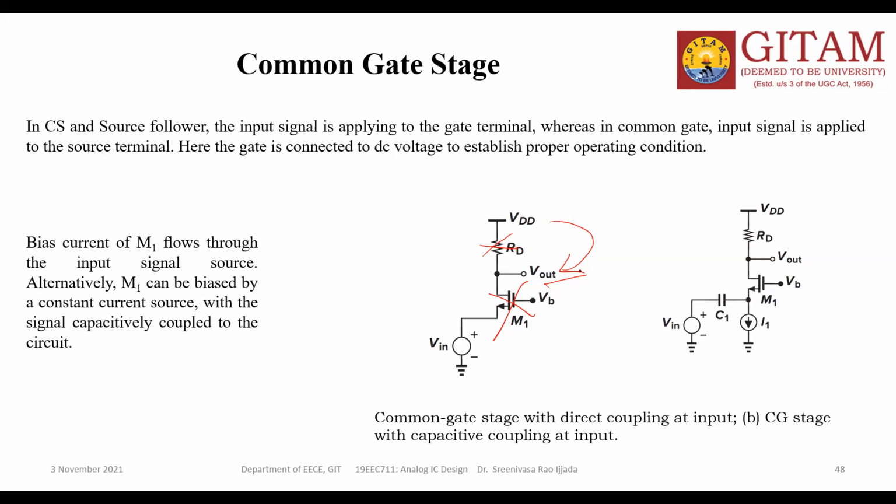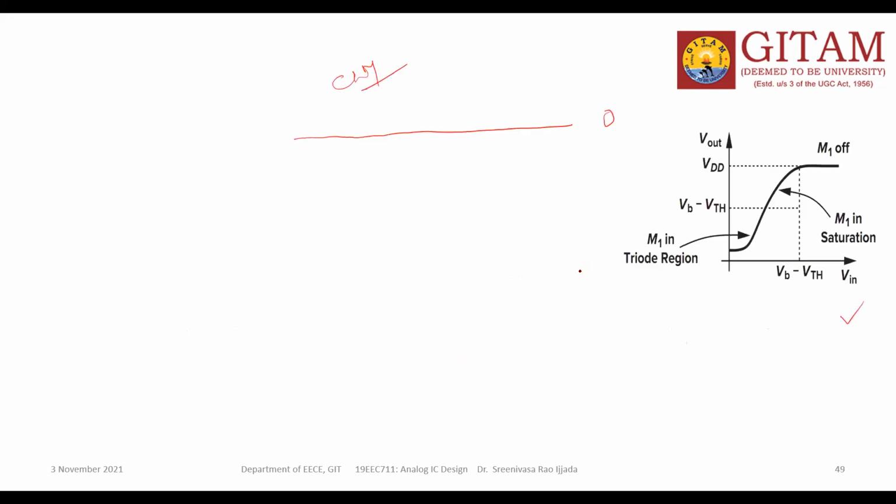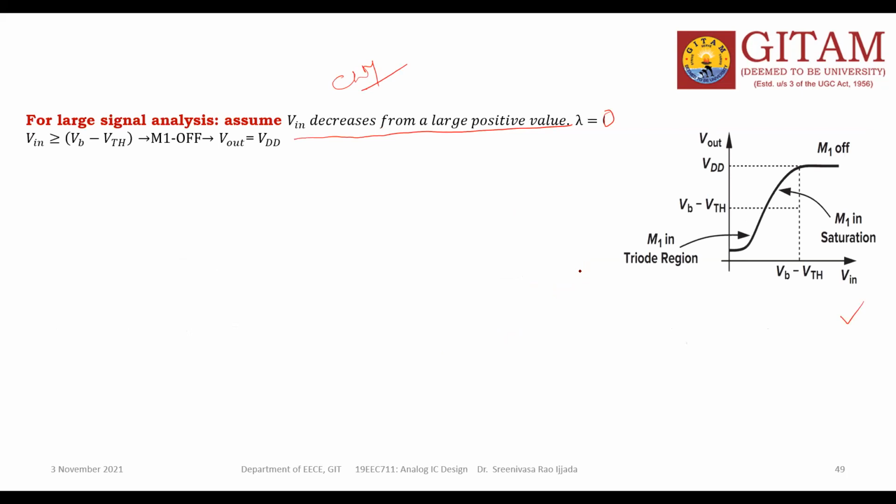Since there is no drop, the total VDD appears at the output terminal, so your Vout is equal to how much? VDD. You can observe this in the voltage characteristics.